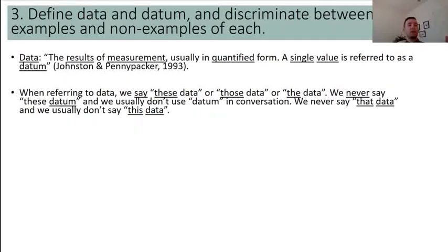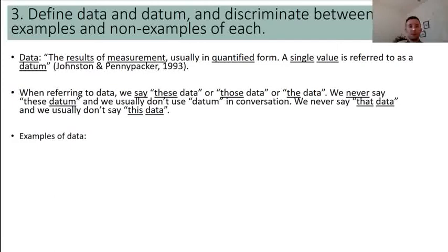And you wouldn't point to them and say this cows. You would say these cows, or those cows, or the cows. And if you were referring to a particular cow, you'd say that cow or this cow. So the use of the terms data and datum are the same here.